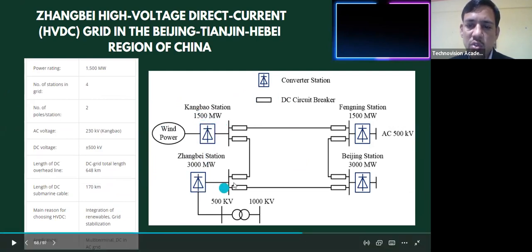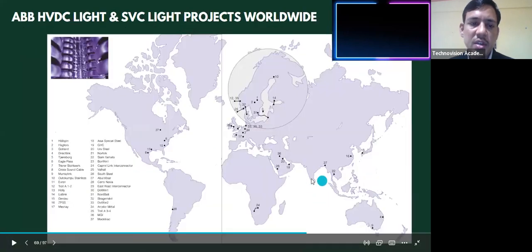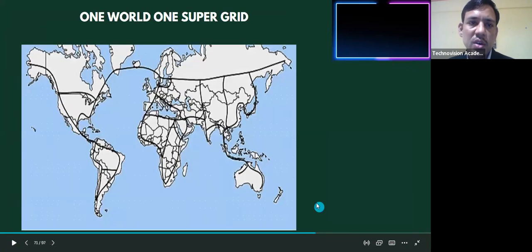The other end is 3000 megawatt. The other is 1500 and 3000 megawatt. So they have formed this first DC grid. These are some of the VSC HVDC projects across the world by ABB, GE, Siemens.